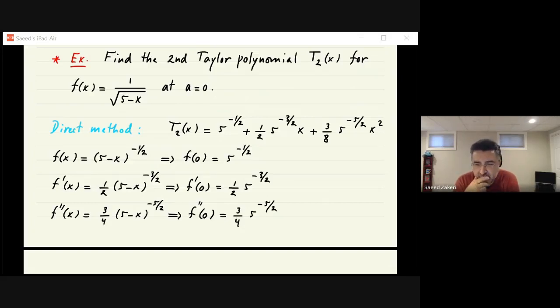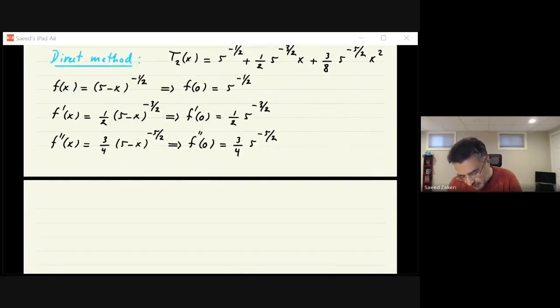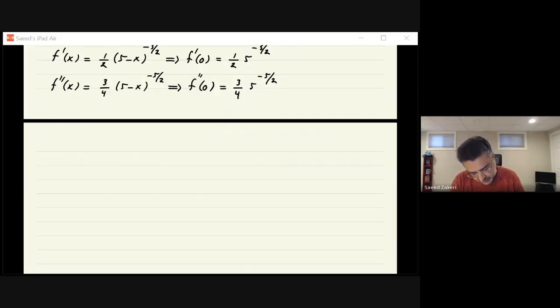But if somebody asks you to produce, I don't know, the fifth Taylor polynomial, then it would become more work. But now, instead of this direct method, let me show you the similar computation using the binomial theorem. Using the binomial formula.